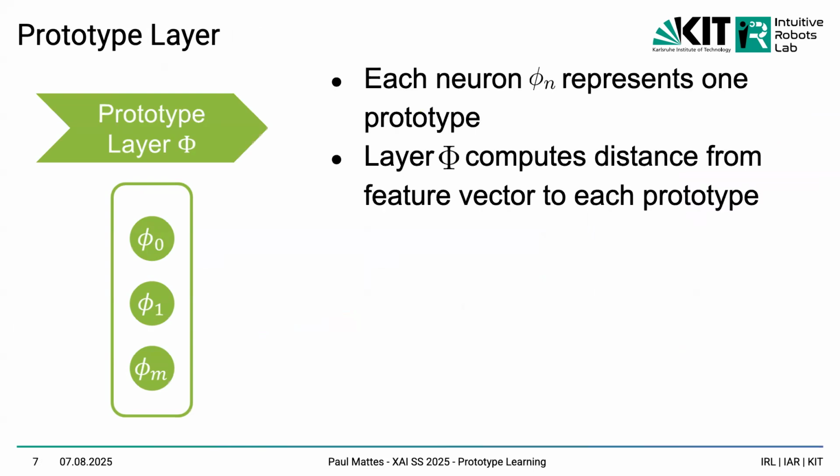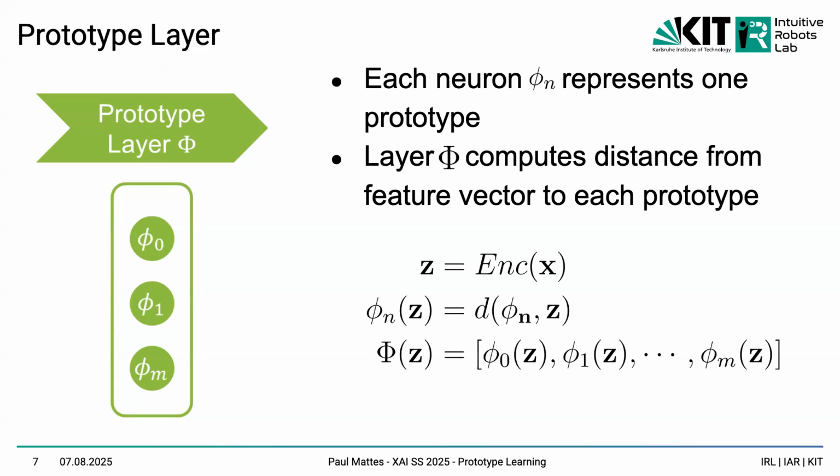And what we then do is each neuron in this layer on the left represents one prototype, and we have a layer which computes the distance from the feature vector to each prototype, so that we know whatever image we put in there, what is the nearest prototype we should put this image onto, right? Because we have, let's say, 10 classes or whatever, then we try to put each class to a respective prototype. There could be also more prototypes, right? We could have 3 prototypes for one class, doesn't matter. But we want to put it near one of our prototypes.